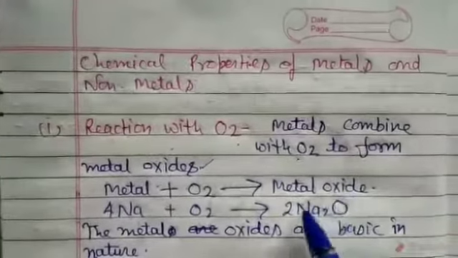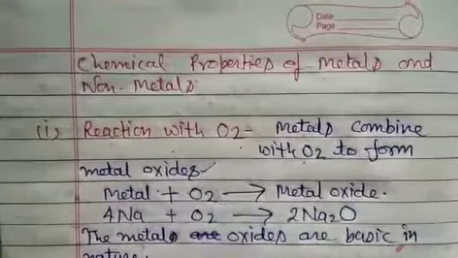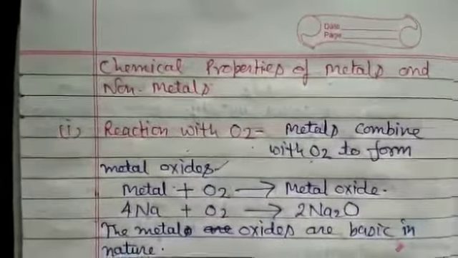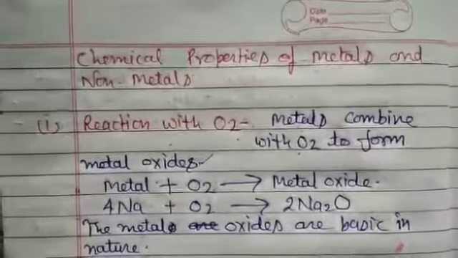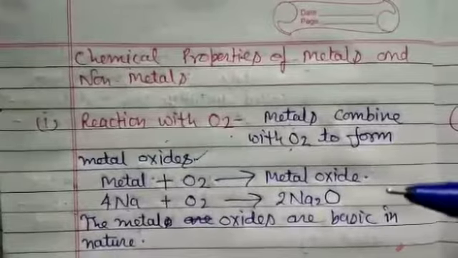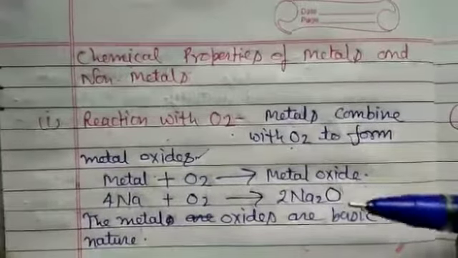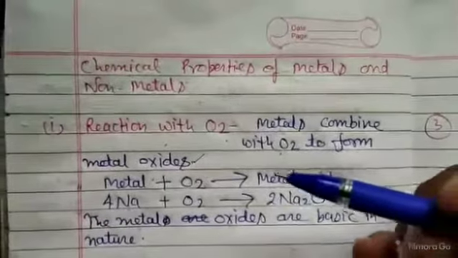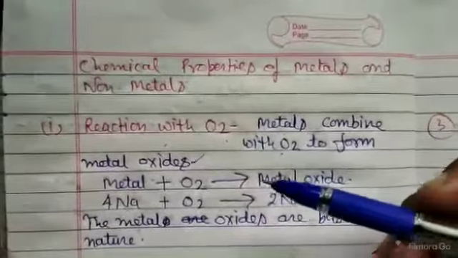Metals like sodium and potassium are some of the most reactive metals. They burn in the oxygen present in the air, forming their corresponding oxides. For example, sodium metal reacts vigorously with oxygen present in the air at room temperature to form sodium oxide.